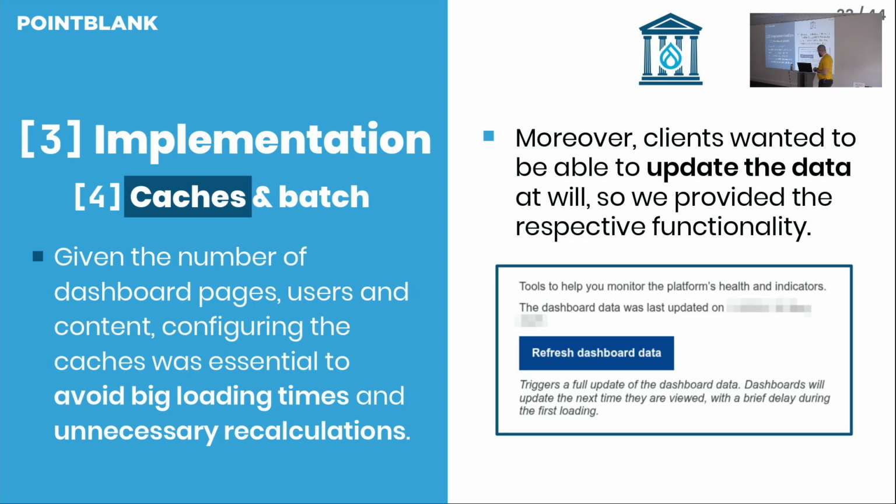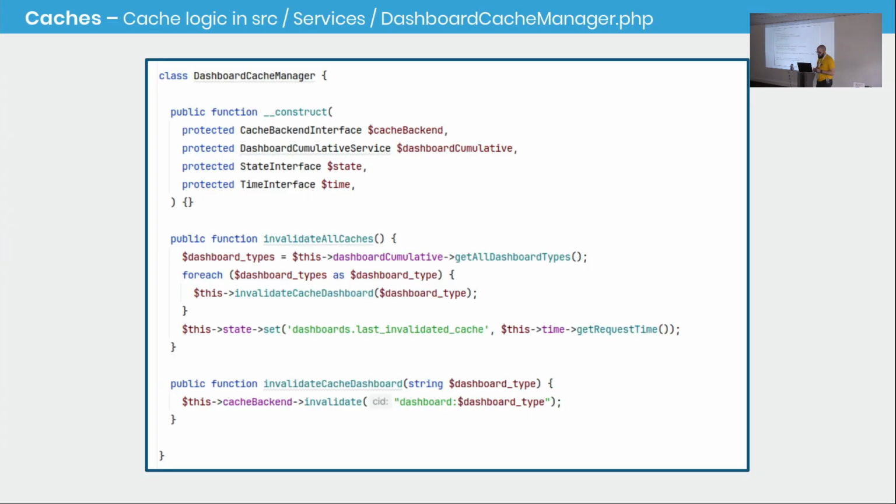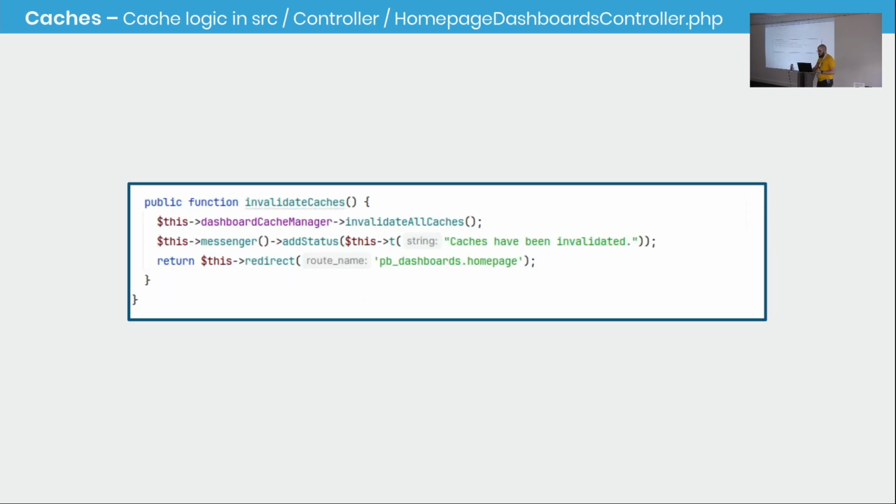So we offered them that functionality too. We did that by specifying a specific cache manager in the services for the cache invalidation. Then in the controller of the homepage, we called that service to invalidate all caches.